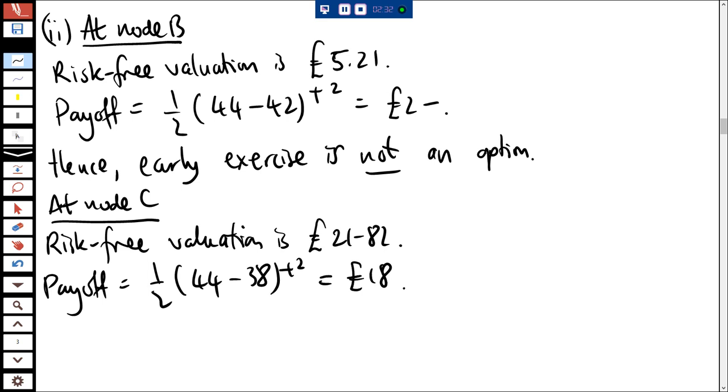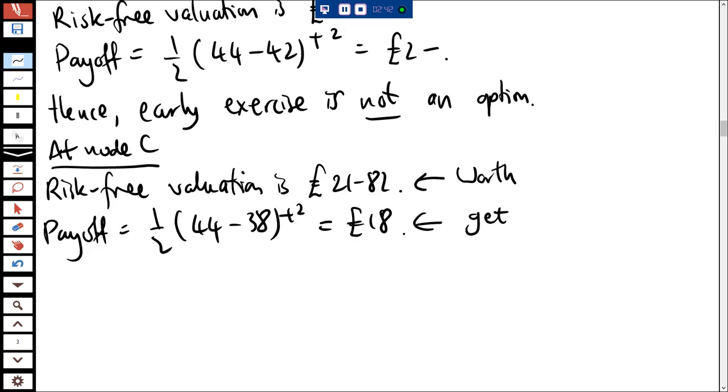Okay, so similar to before, we think it's worth £21.82, and we could get £18 for it. So we don't want to exercise. Early exercise is not an option.